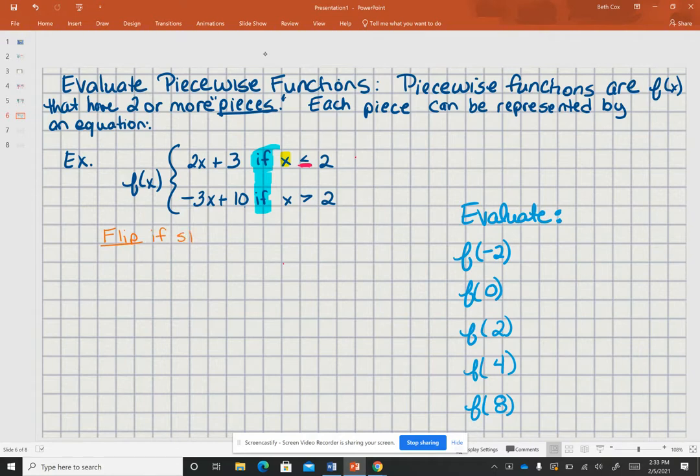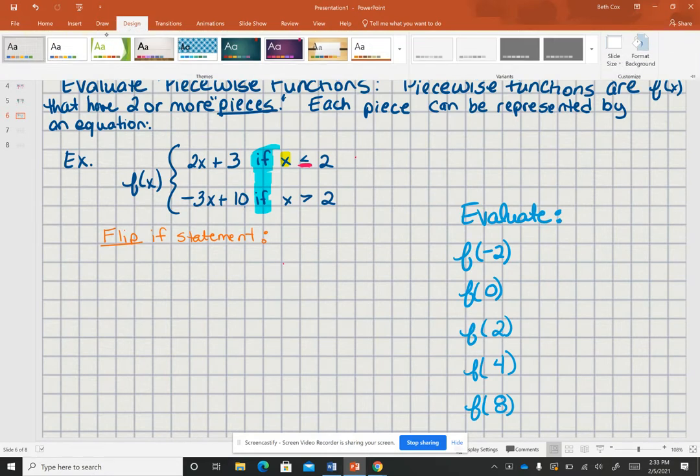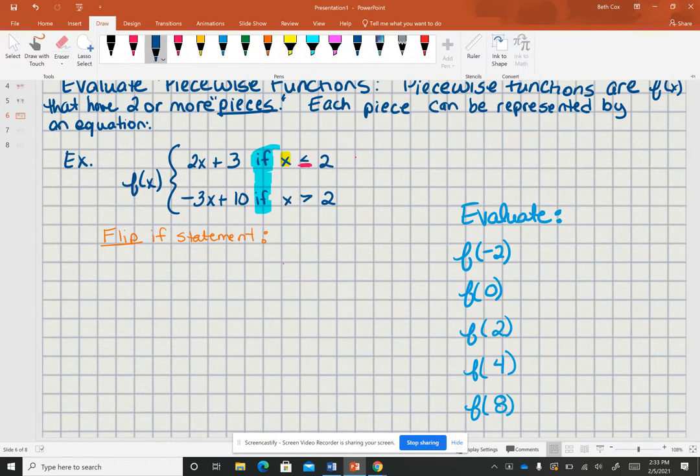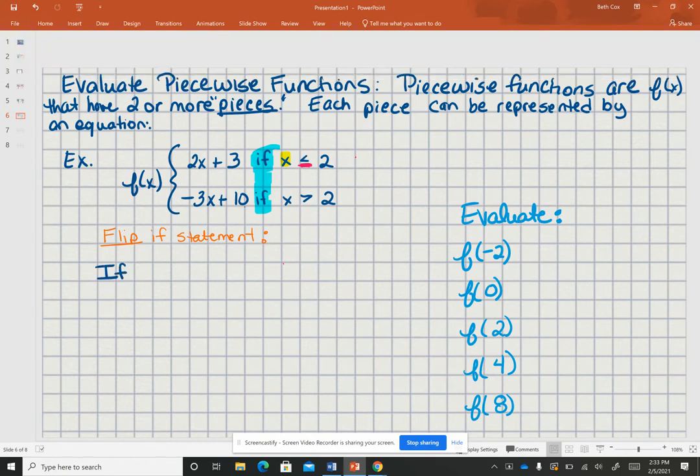Flip your if statement and see if it makes more sense. This is what it really says: if x is less than or equal to 2, then use 2x plus 3.